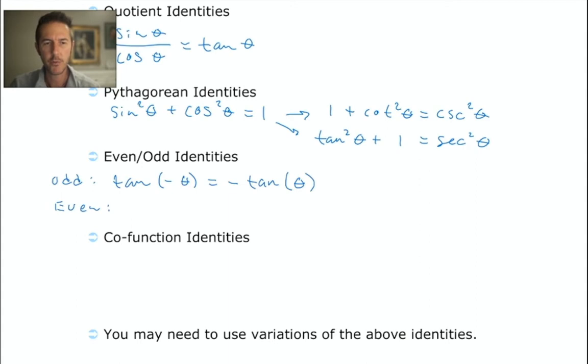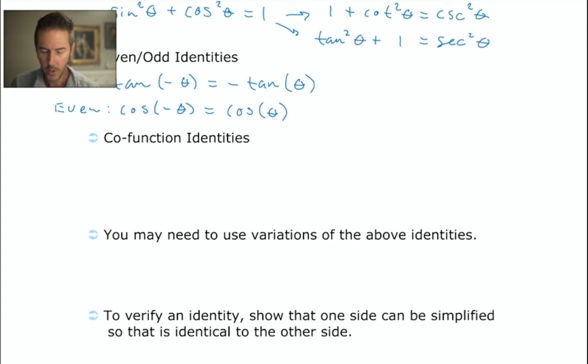Tangent is an odd function, so is cotan. Sine and cosecant are also odd functions. It's cosine that is the even trig function along with its reciprocal function, secant. So cosine and secant are your even functions. The cosine of negative theta is equal to the cosine of positive theta. It's not that we're factoring the negative out, it's that the negative sign looks like it kind of disappears.